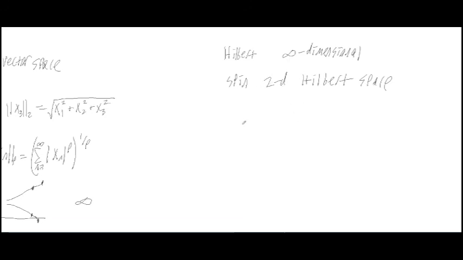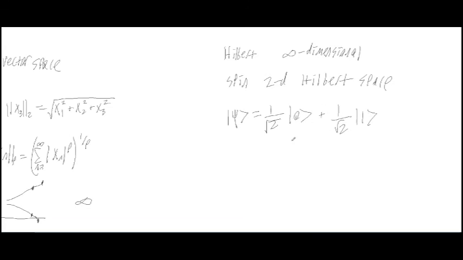So for spin, if we have the spin like this, and I'll get into this bracket notation in later videos, we can have that be a linear combination of two states like this. And so this is a two-dimensional Hilbert space because it's a linear combination of these two possible states.